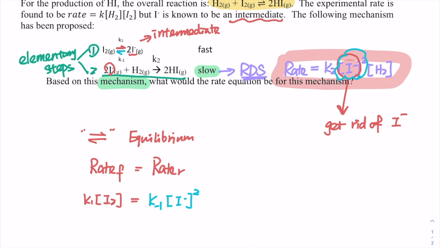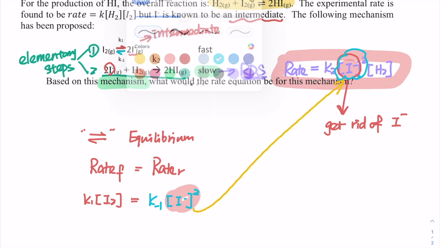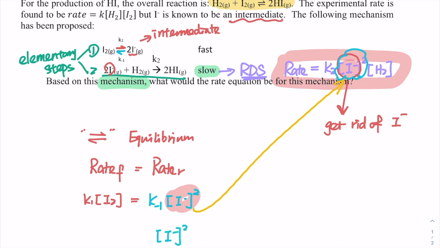So we can isolate this and then plug it in. That's our way to get rid of it, right? So let's isolate iodide ion squared. The only reason we keep it as a square is that in the rate law for the slow step, it also has iodide ion squared. So that's why we can just leave it. So K1 I2 divided by K minus 1.